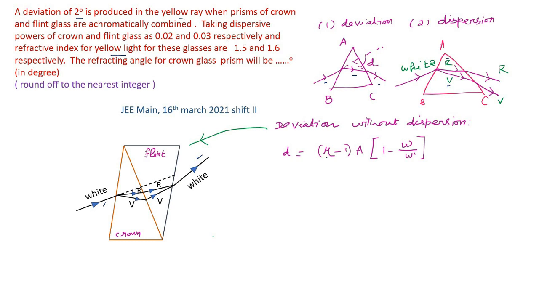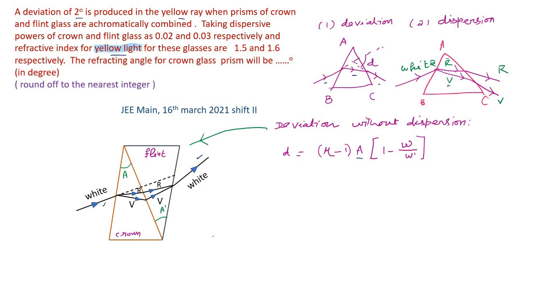Mu is the refractive index for yellow light of the crown glass prism. D is the net deviation for yellow light. Everything is given in the question except A. A prime is the refracting angle of the flint glass prism; we are not going to use A prime in this problem. So you substitute the values.